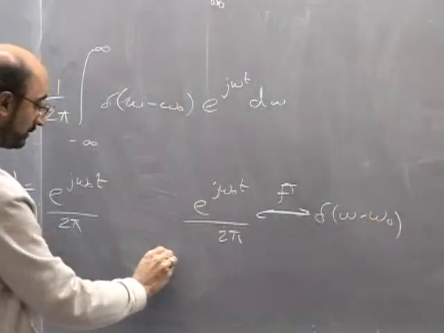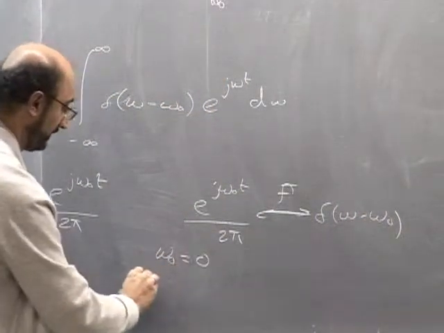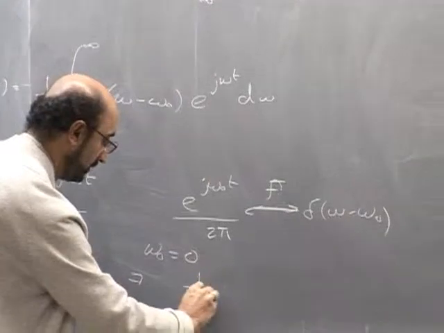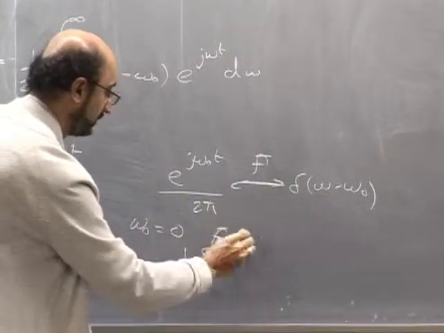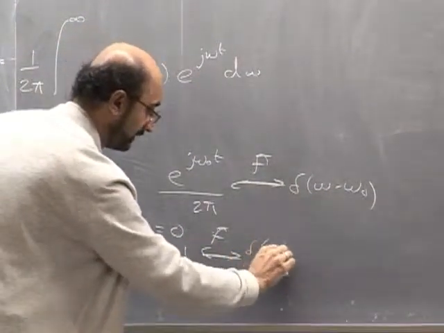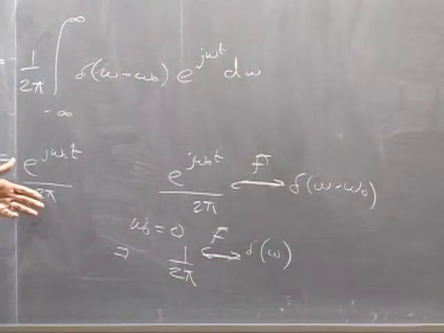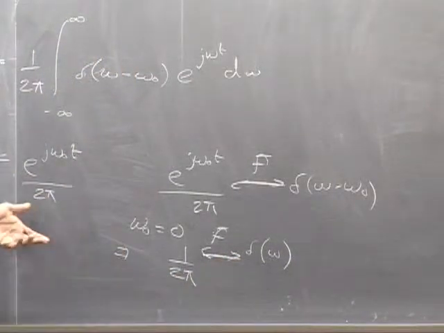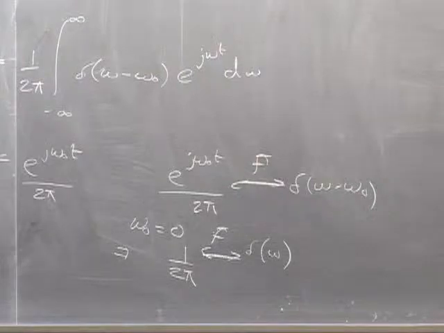We just set omega naught equals 0. This implies that 1 over 2 pi corresponds to the frequency delta omega, right? So the inverse Fourier transform of delta omega is the constant 1 over 2 pi. And that was the solution I was looking for. Again, you just plug in omega naught equals 0.